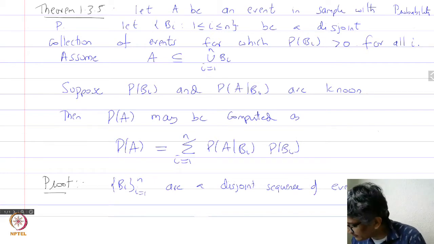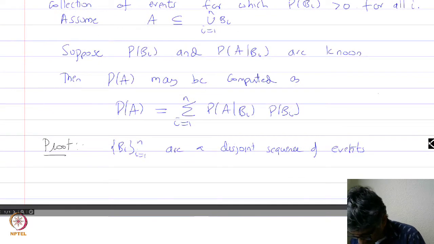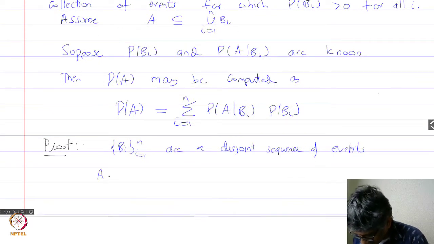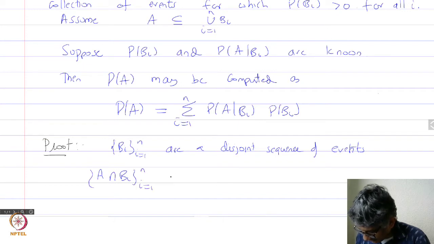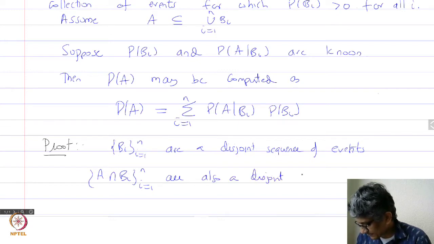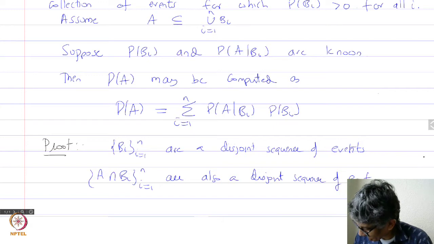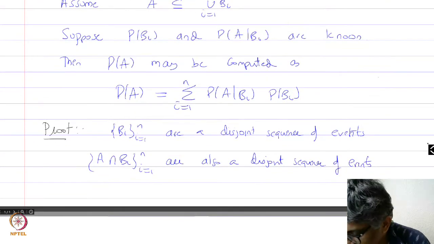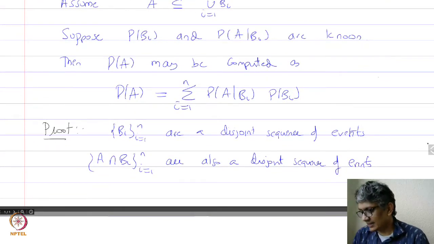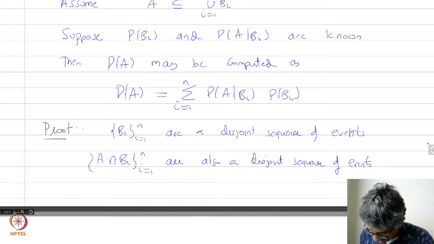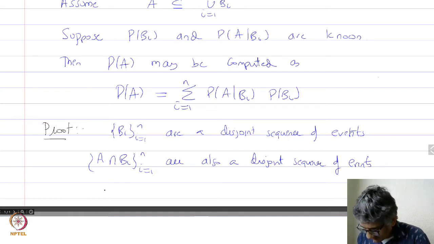So this implies, what does this imply? This will imply that A intersection B sub i, i equal to 1 to n, are also a disjoint sequence of events. Because if the B sub i are disjoint, there's no common element in the B sub i, so there will be no common element in the A and B sub i. So now this will imply the following, right?